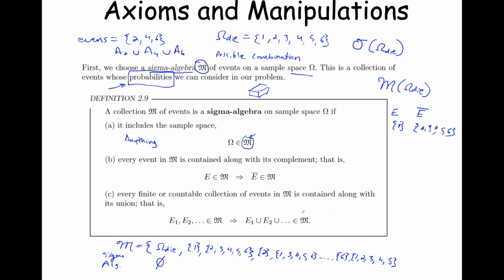Okay, so now that we have our basic elements and the complements, we also have this last point. Every finite or countable collection of events in M, where finite means it ends and countable means we can draw a one-to-one correspondence with the naturals, is contained along with its union.